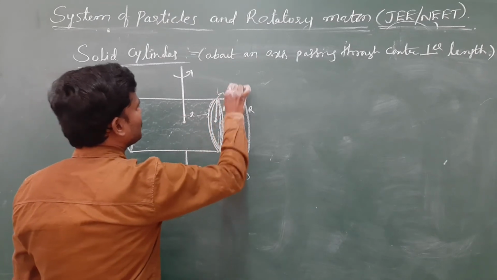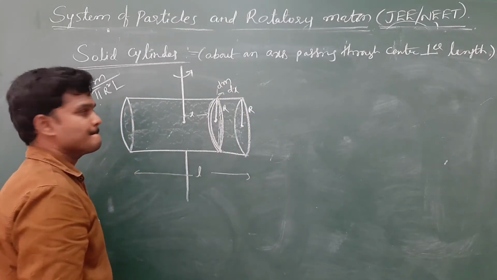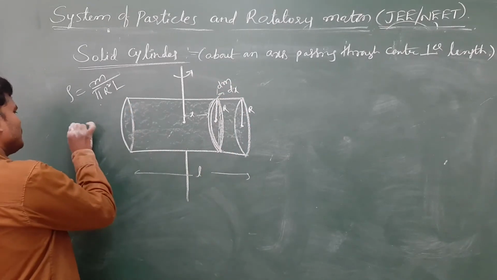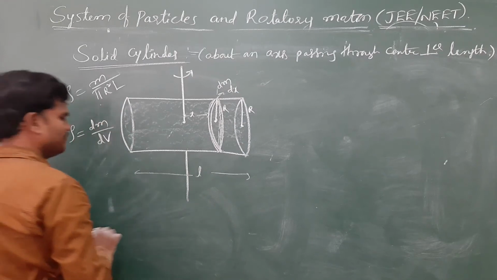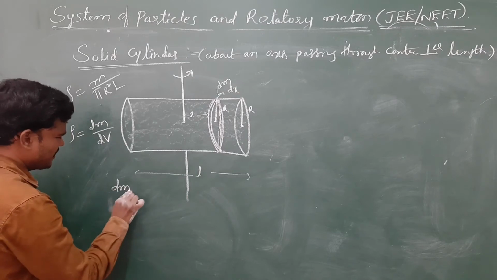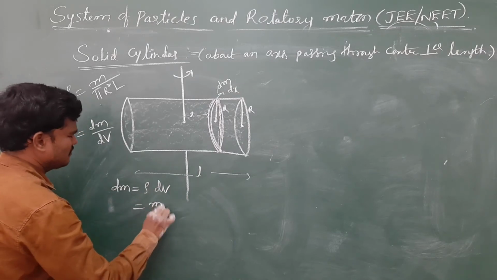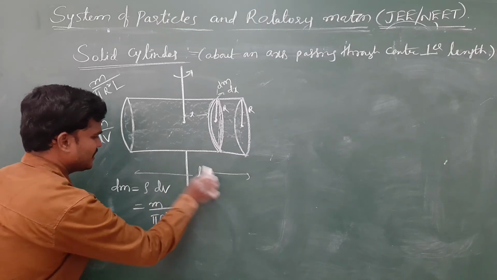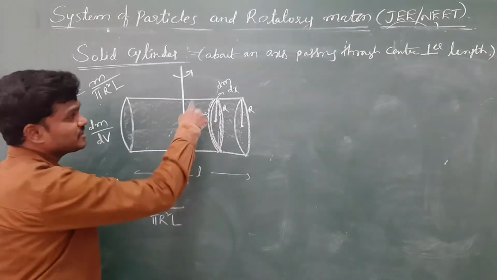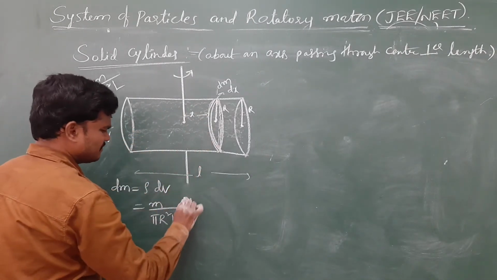Take a small part of thickness dx, the small mass is dm. So dm is equal to rho dv, rho is m by pi r square L, times dv. The volume of this one is the area of the disc, pi r square.